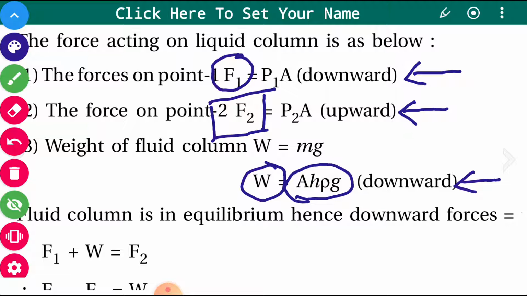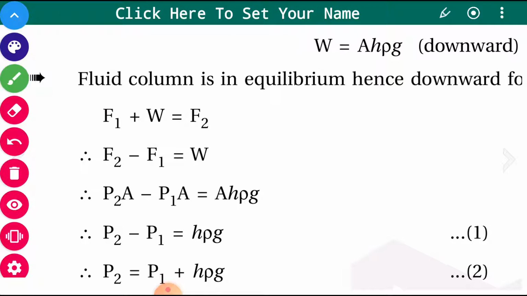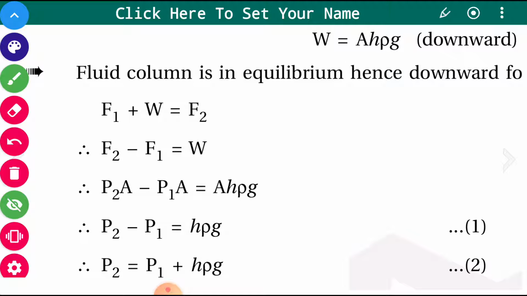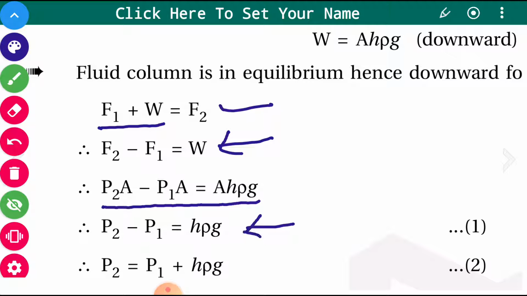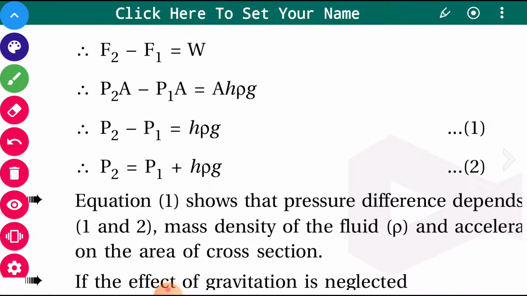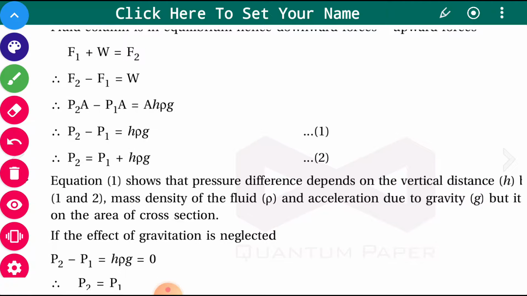So we can write F2 is equal to F1 plus W. So F2 minus F1 is equal to W. Now place the values of F2, F1 and W. So P2A minus P1A is equal to A h rho g. So P2 minus P1, that is the pressure difference, will be rho g h, or P2 is equal to P1 plus rho g h. So these are the equations which we have obtained.